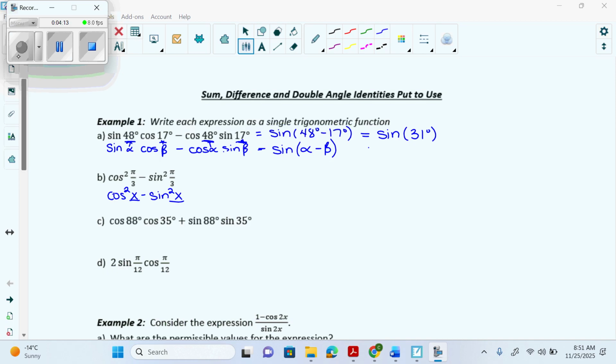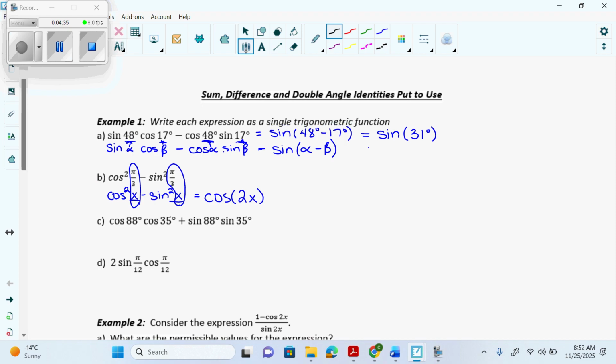So, in this case, there's a cos squared pi over 3, sine squared pi over 3. To be honest, this matches the formula cos 2x. If you go to the cos 2x formula down at the bottom, you'll see it's cos squared minus sine squared. Do you see that? The first cos 2x formula.